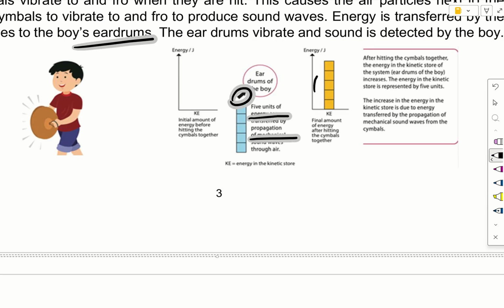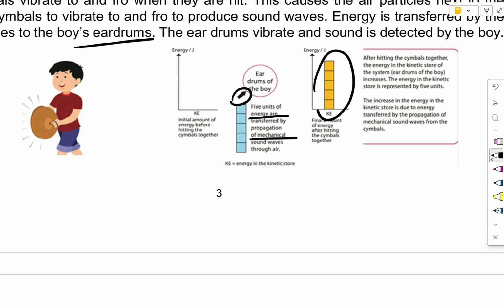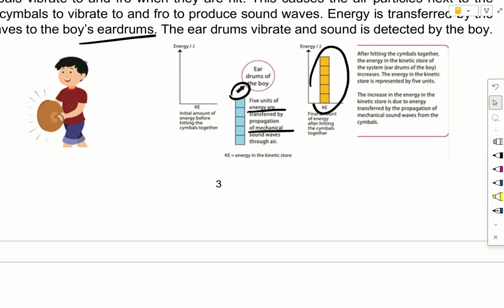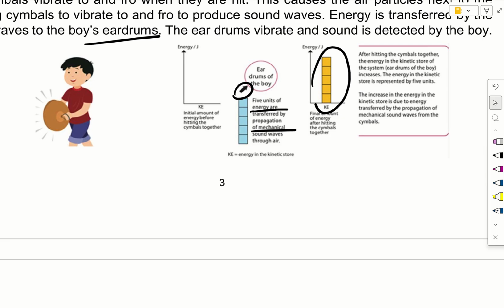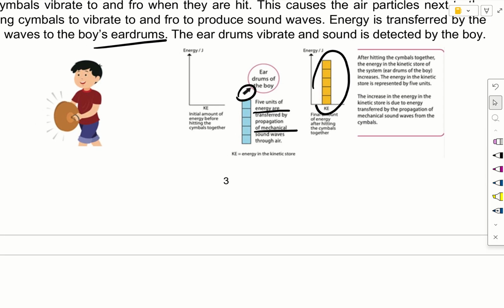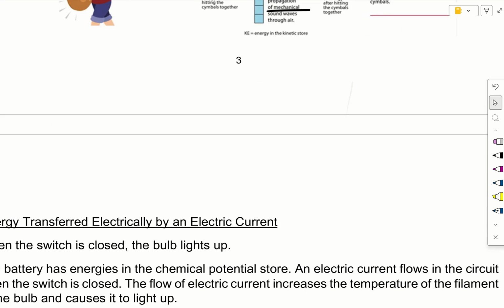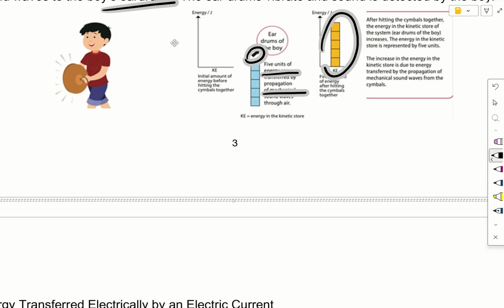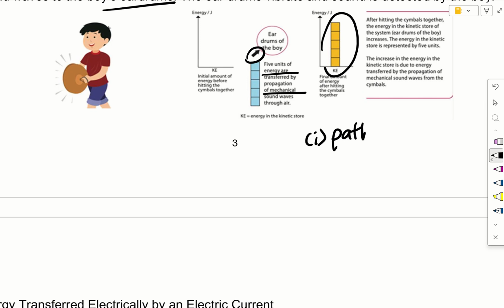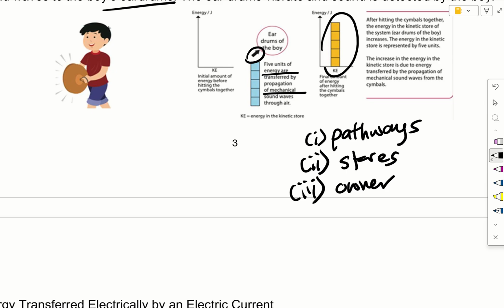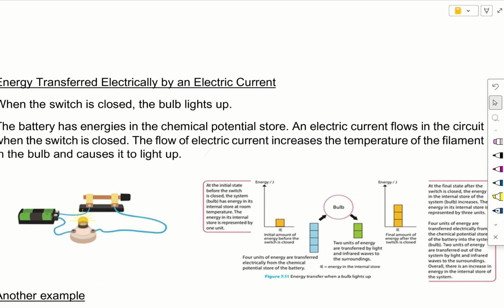So 5 units of energy are being transferred to the kinetic store of the boy, the eardrum of the boy, and then it starts vibrating, and that's where the boy starts to hear the sound produced by the cymbals. Again, we talk about pathways. We talk about the kind of energy that's being transferred to the stores, and we also need to mention the owner of the stores. This is how you would describe the energy transfer.